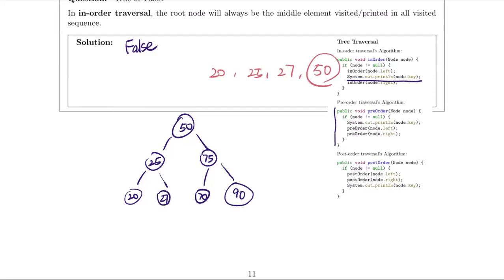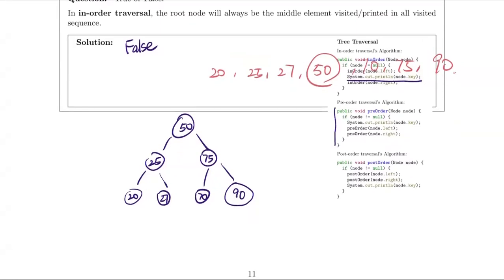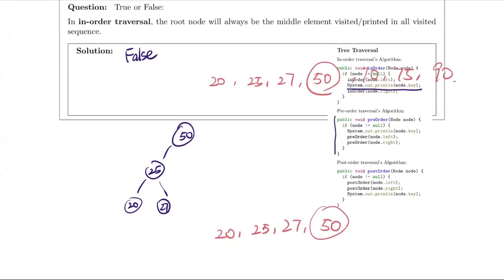And then 70, 75, and 90. So in this case, the root node is indeed the middle element being visited. But there's another case. How about I only have a tree like this? The visited sequence will only be 20, 25, 27, and 50. So the root node is no longer the middle element visited. So this statement is false.